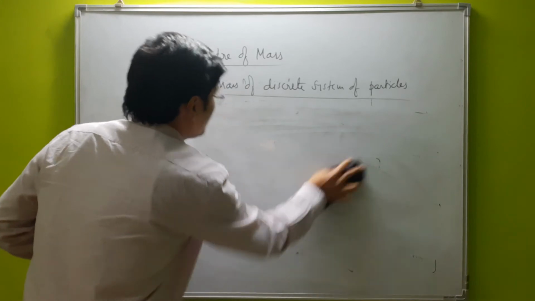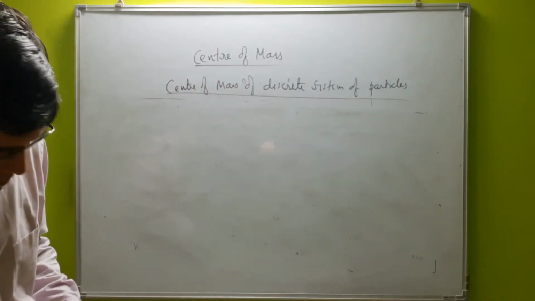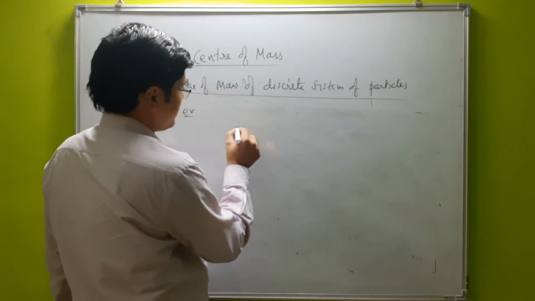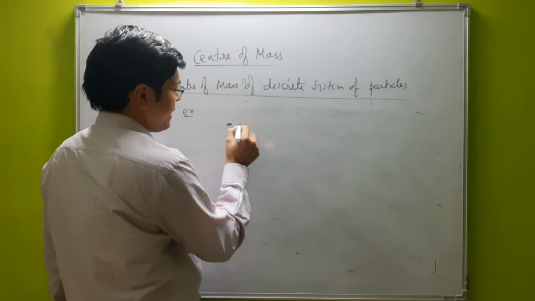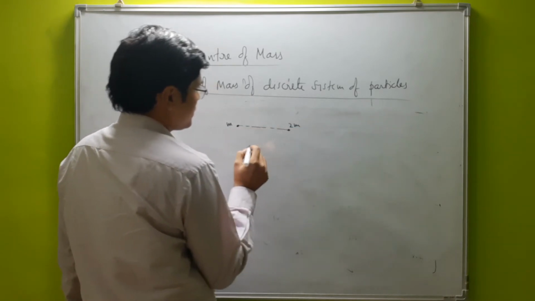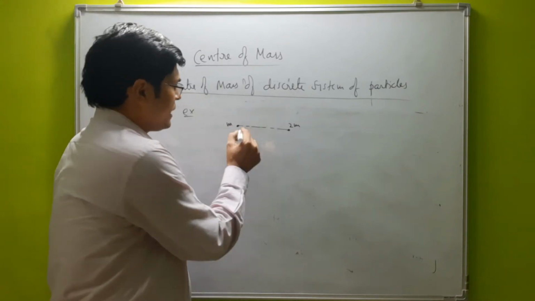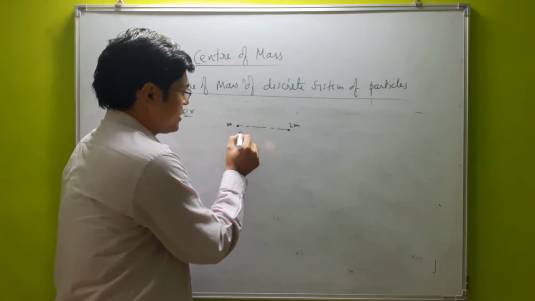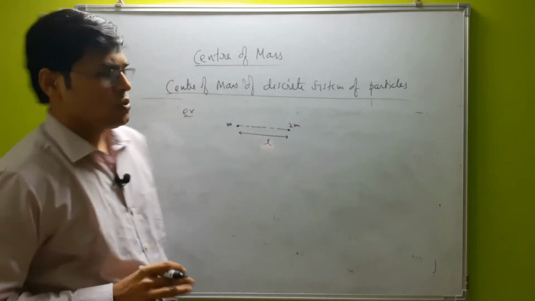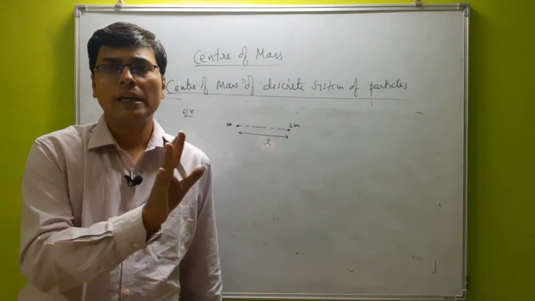So we are going to start with a very basic example, right? Suppose that we have two particles, one having mass m and another having mass 2m, and let's say the separation of these two particles is L. So the first thing you're supposed to do is to decide the coordinate system.